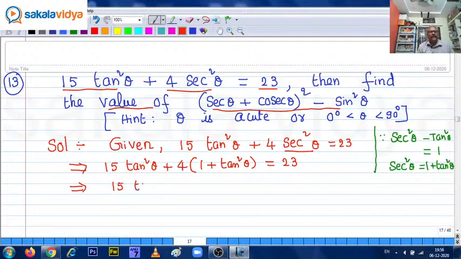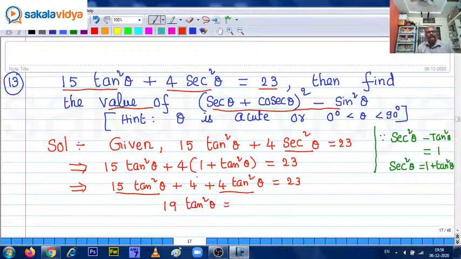15 tan square theta plus 4 tan square theta equal to 23 minus 4. 15 tan square theta plus 4 tan square theta is 19 tan square theta, and 23 minus 4 is 19. So tan square theta equals 19 upon 19, which is 1.